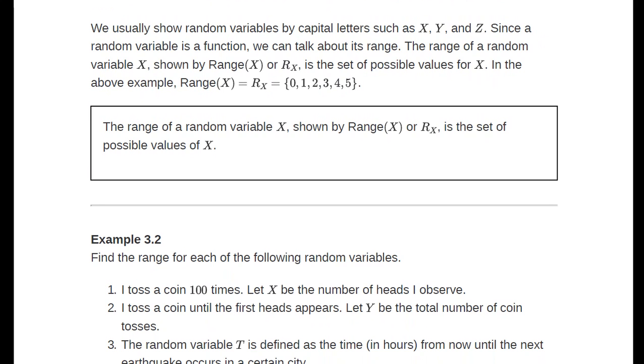The range of the random variable X, shown by range X or Rx, is the set of possible values for X. In the above example, the range will be 0, 1, 2, 3, 4, and 5.